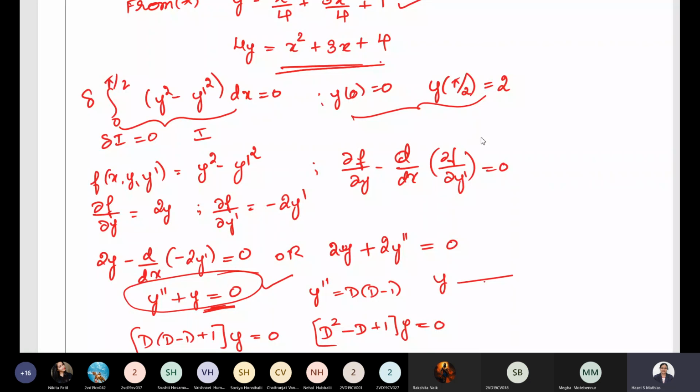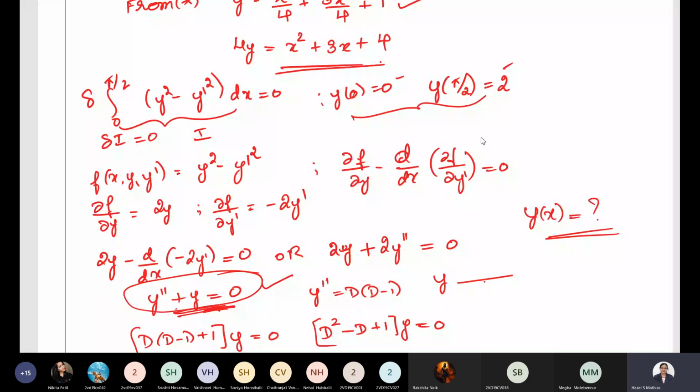From that equation you substitute these two values, so you will find the curve y. Just go through the previous semester and find how to find the solution of the homogeneous part of this. Is it okay? Note down, everybody.